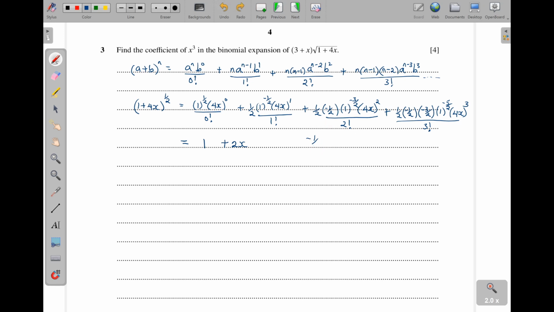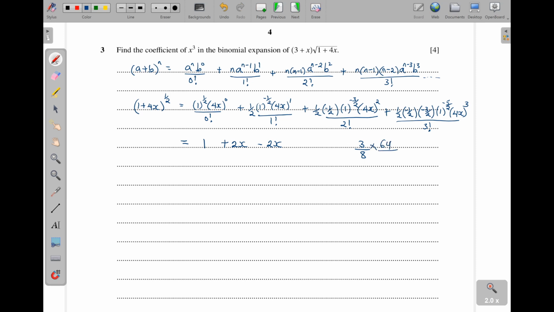Okay, so we shall put negative 2x squared. How about here? We are going to have a negative times a negative, that is a positive. So we are going to have 3 here over 8, because it is 2 times 2 times 2. And then from there, times 4 cubed is 64.